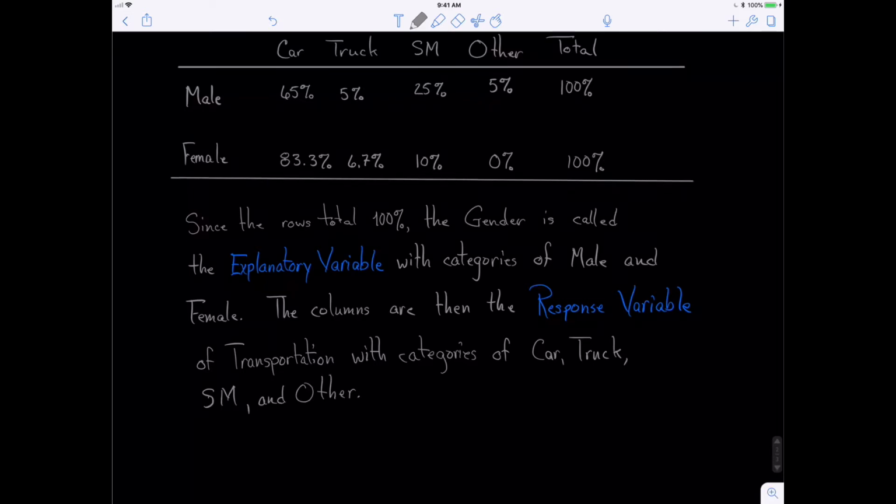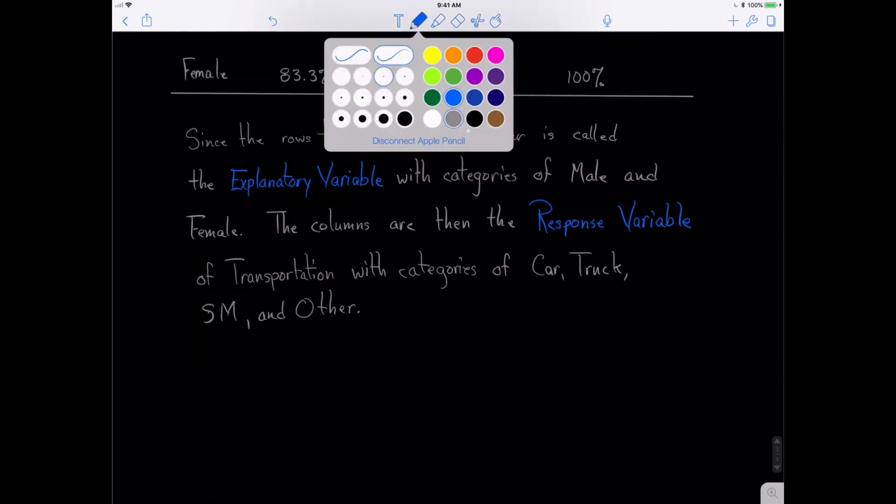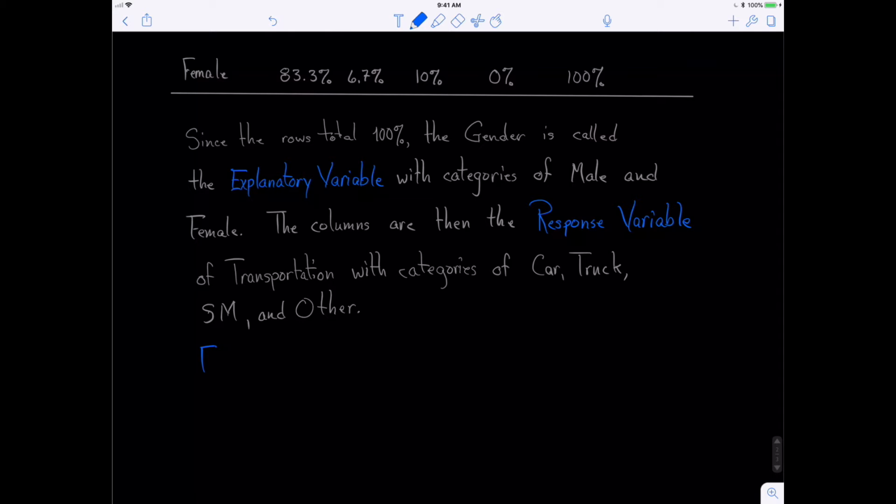Now, what are those and what do these things mean? Let's write this in blue. The explanatory variable is the categories being compared.